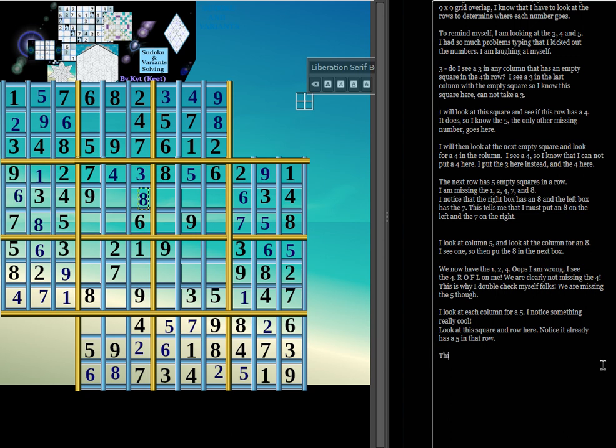This means that we cannot put a 5 here, or here. Obviously, because we already have 5s in those boxes, we still can't put a 5 there.